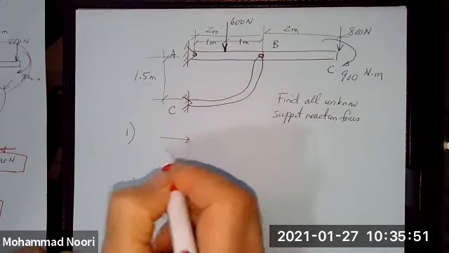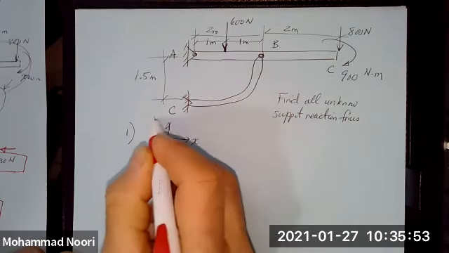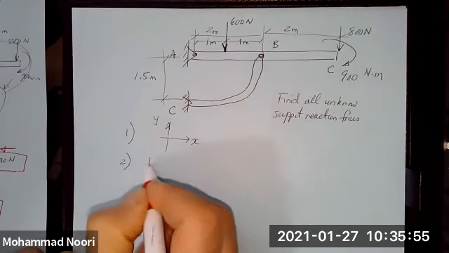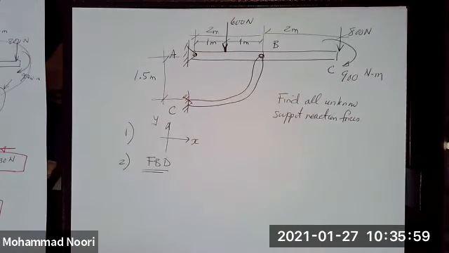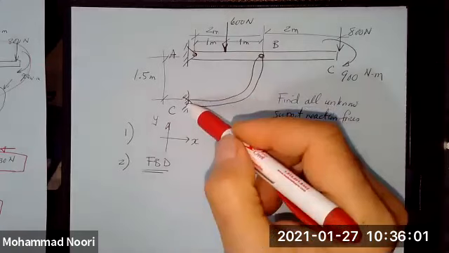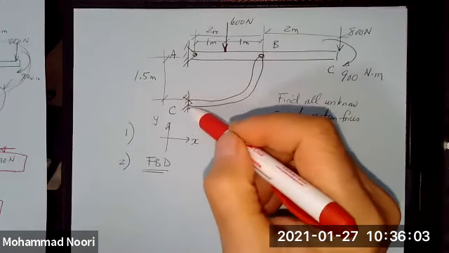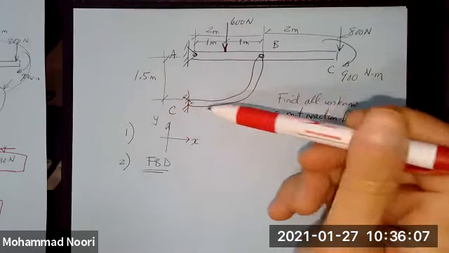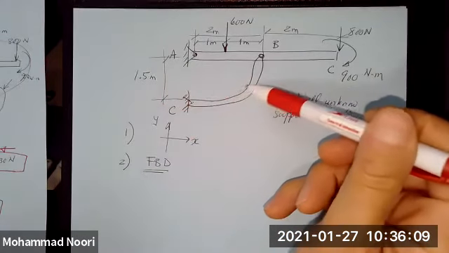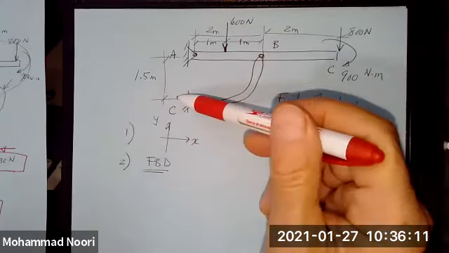You set up as usual your x, y, but when it comes to the free body diagram, you will pause and see that, wait a minute, true that this represents a support which is a pin and supposedly has two unknowns, but this is a two-force member.